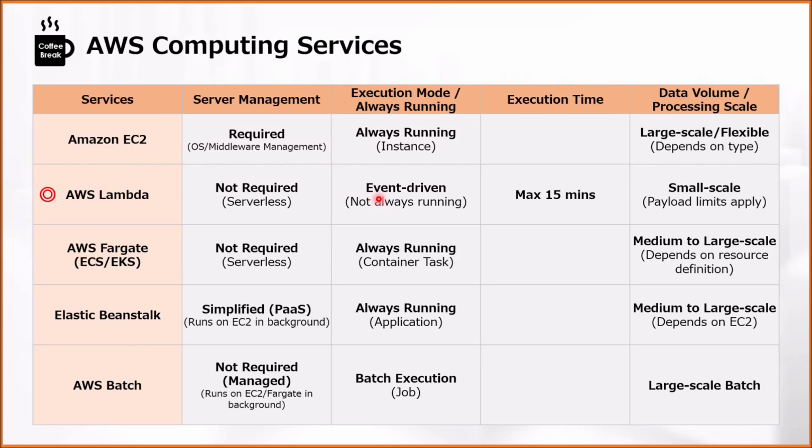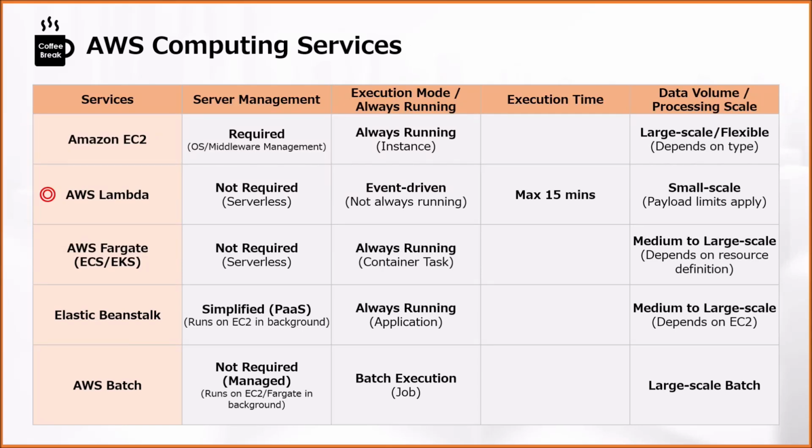On the other hand, virtual server services run continuously and incur fixed costs. For our system, the calculation time is a matter of seconds, and the data volume is sufficiently small, so Lambda is the optimal service. Order processing is executed via API each time, and the scale of each calculation is small.